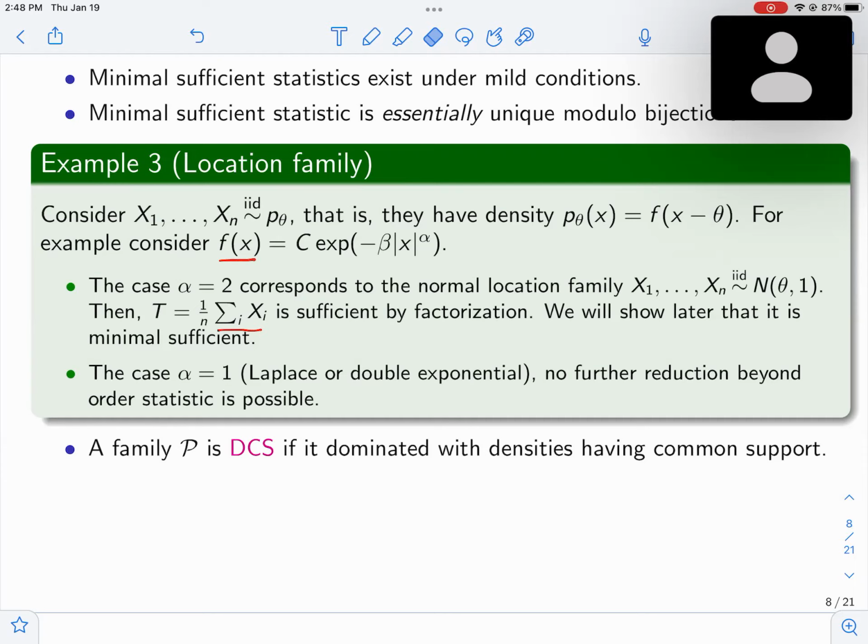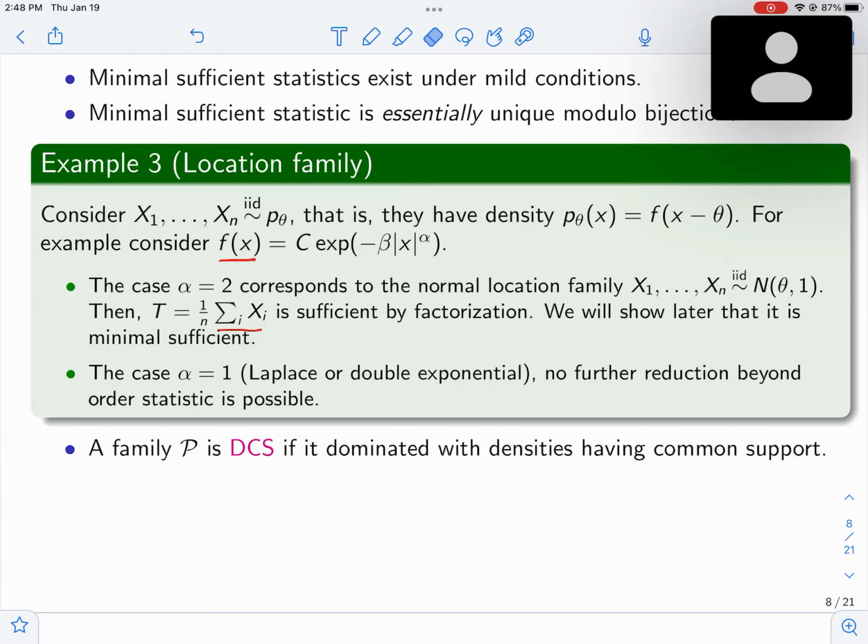Sufficiency should be easy to show. We'll see the minimal part. So what I'm going to try to do is build some machinery to show this. I'm going to use this abbreviation, DCS, which is not standard, just my own: dominated with densities having common support.